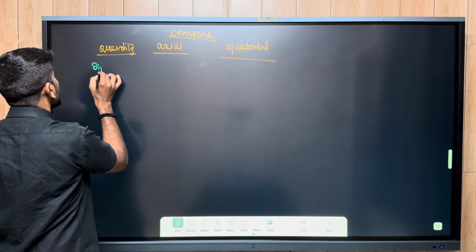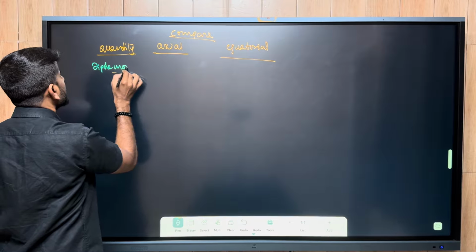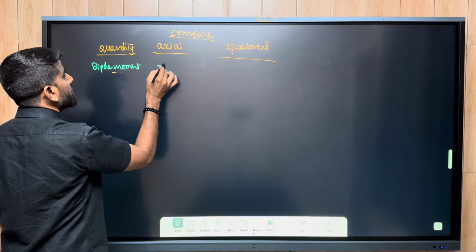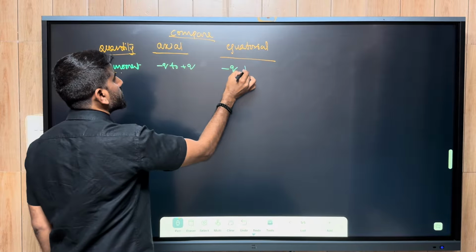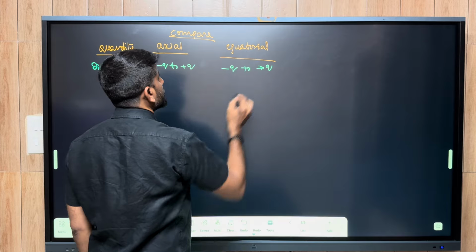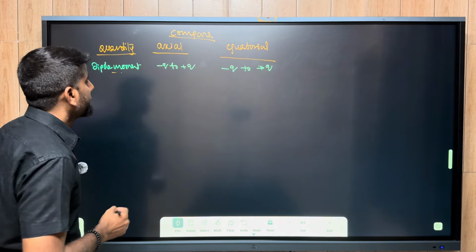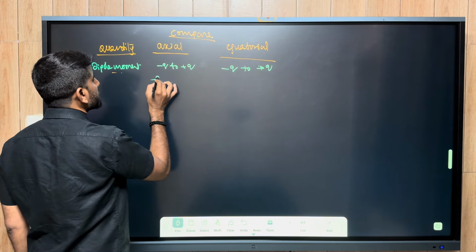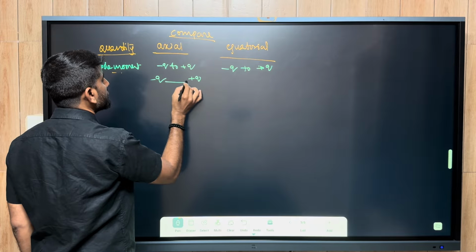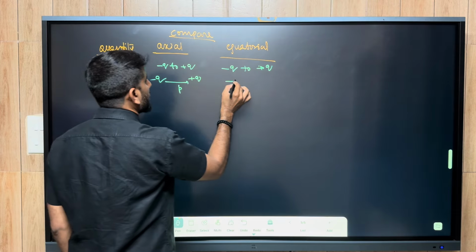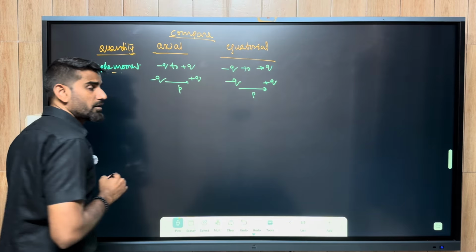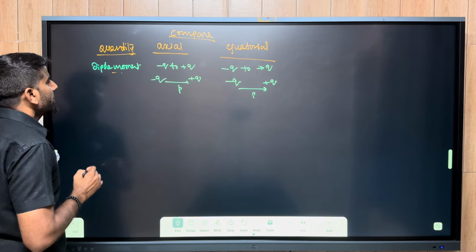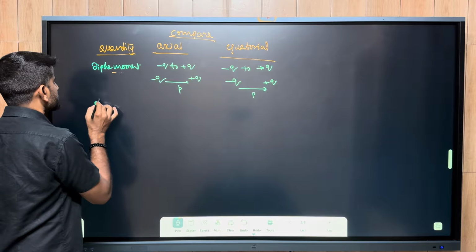Dipole moment, negative Q to positive Q, that is minus Q plus Q, P. Clear?